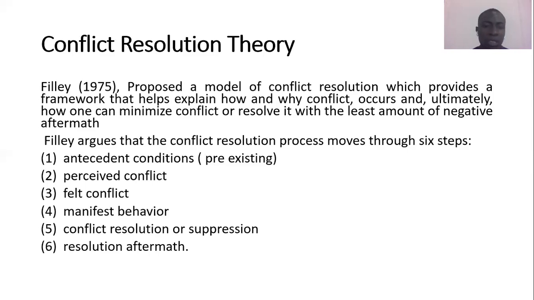The first step is the antecedent condition, also called the pre-existing condition. The second is the perceived conflict. The third is the felt conflict. The fourth is manifest behavior. The fifth is conflict resolution or suppression. The last one is resolution aftermath. We're going to look at all of them in detail.